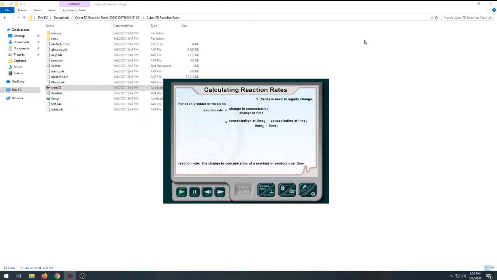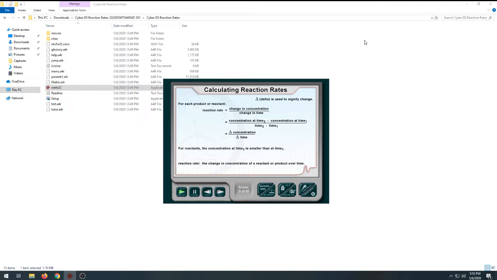The uppercase Greek letter delta is used to signify change, so the equation can be rewritten as delta concentration divided by delta time. The concentration of reactants becomes smaller as they are used up to form products, so the concentration of reactants at time 2 will be smaller than the concentration at time 1.